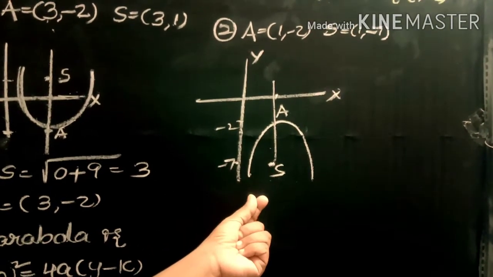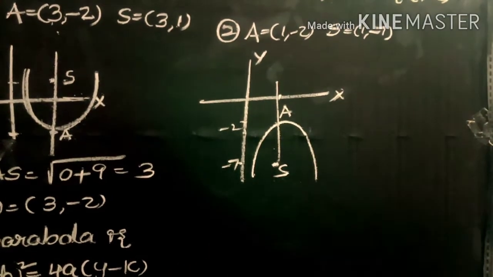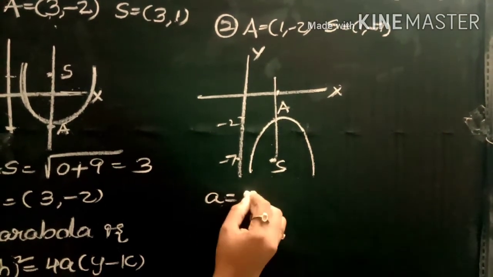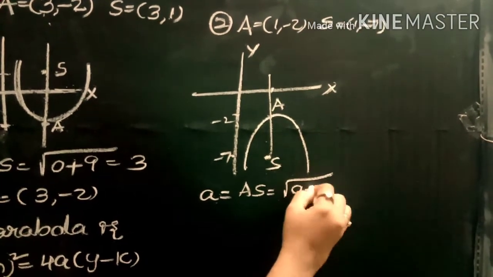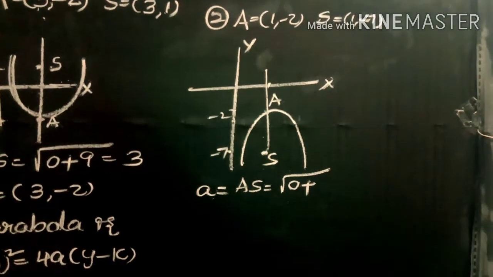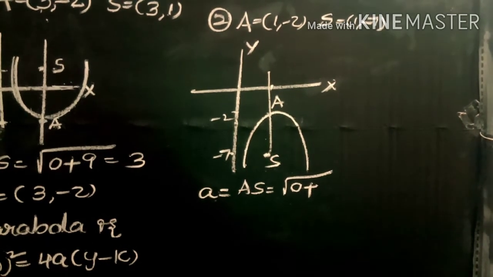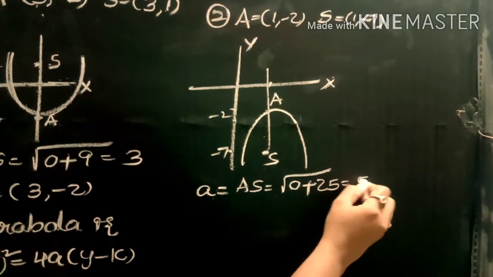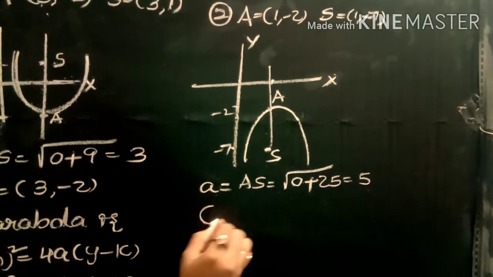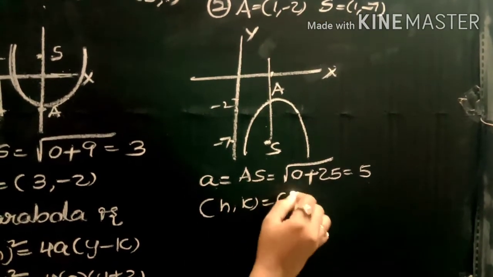Now what is the equation of this parabola? (x minus h) whole square is equal to minus 4a into (y minus k). Here a is equal to the distance between the two points A and S, that is square root of (1 minus 1) whole square plus (minus 2 plus 7) whole square, that is 5 square, 25, so AS is equal to 5. And here given that (h, k) is (1, -2).